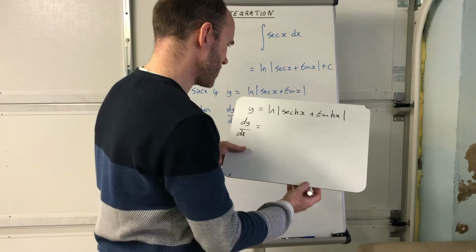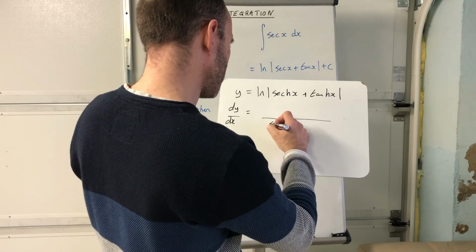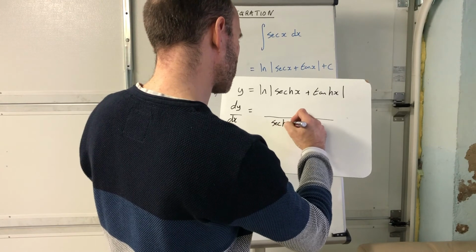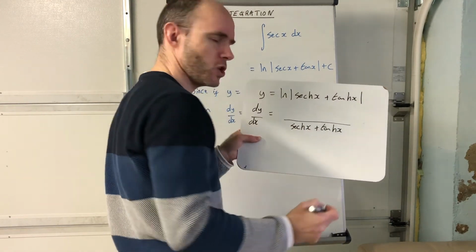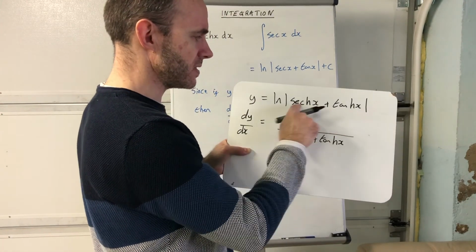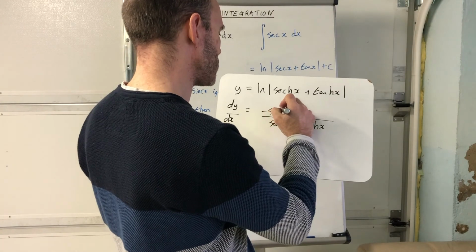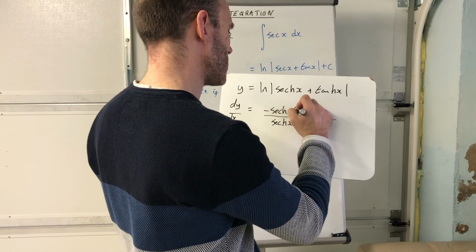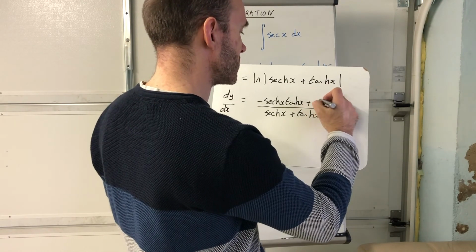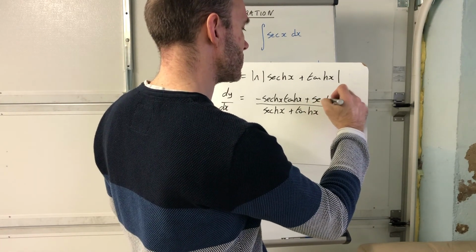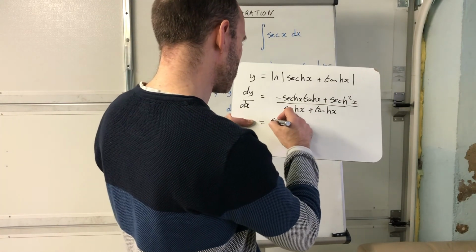So when we differentiate that, let's just write it out. First of all, on the denominator, you'll have sech x plus tanh x. And then on the numerator, when you differentiate the brackets, differentiate sech x, you'll have negative sech x tanh x, and then differentiate tanh x, you'll have positive sech squared x, and then you can factorise again using sech x.